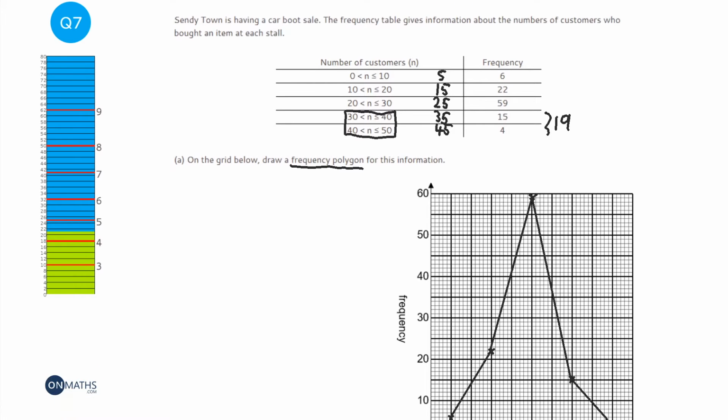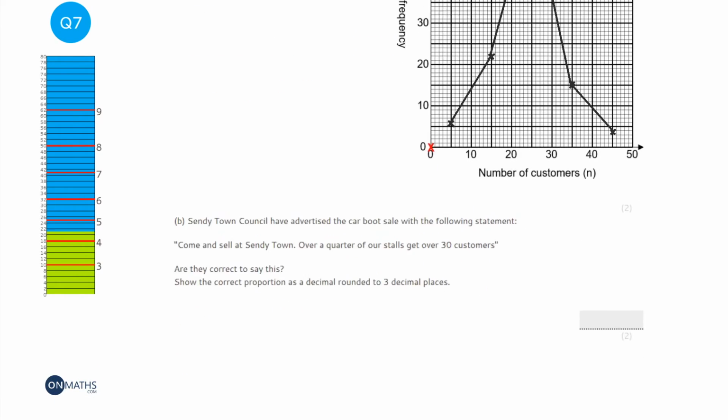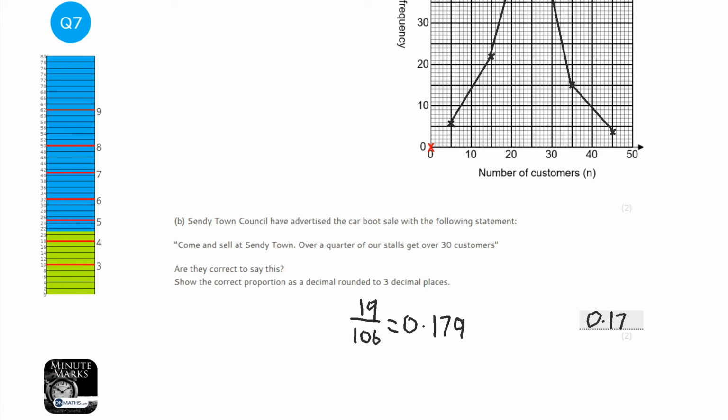It didn't say it in the question. So it's 19 out of 106, which as a decimal is 0.179 to 3 decimal places. So what I would say in the exam is no, because that is 17.9%, so it's less than 25%.